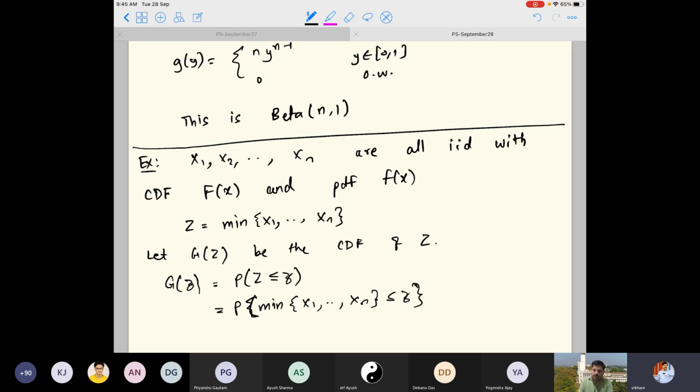The minimum being less than or equal to z is not really going to help, right? So I write this down as 1 minus the probability that this random variable Z is greater than z.